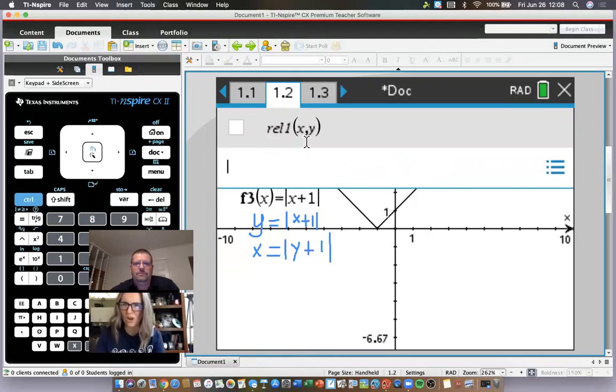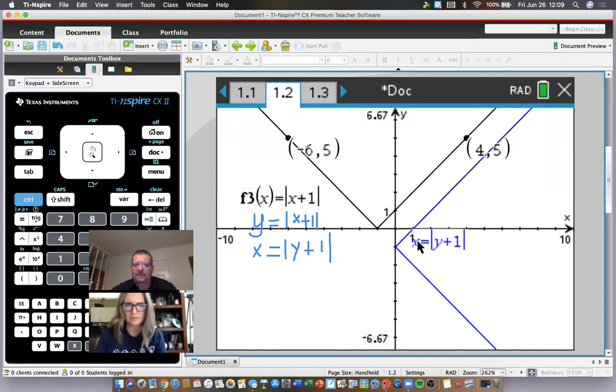How do I solve? Well, we could solve it, we break it into equations or whatever. I'm going to put in that equation: x equals absolute value y minus 1. You don't actually have to solve for y to graph in the Nspire.